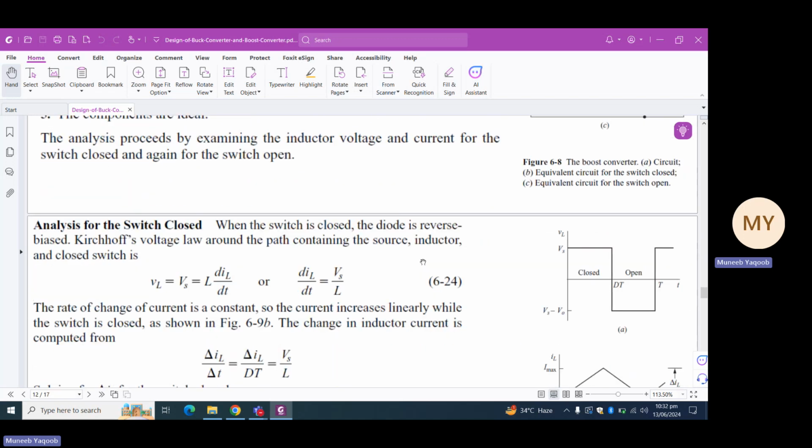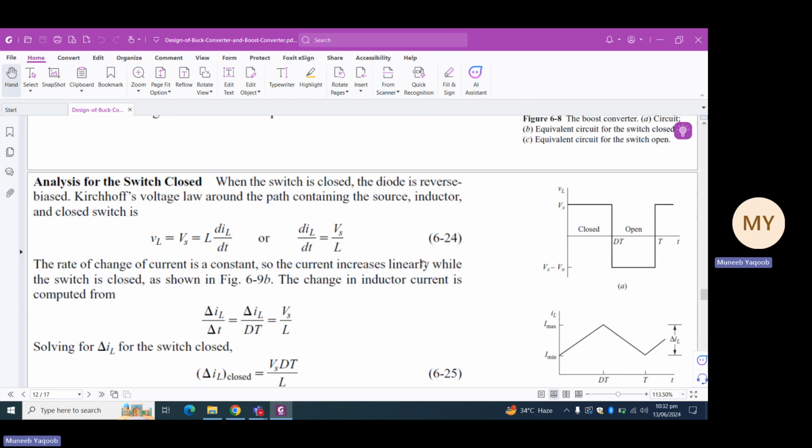Now we will follow the same pattern which was followed in the buck converter. The inductor voltage VL equals Vs, and the inductor voltage is L di by dt. So we can write di by dt as Vs upon L. Since di represents the change in the inductor current, we can write di as delta IL.